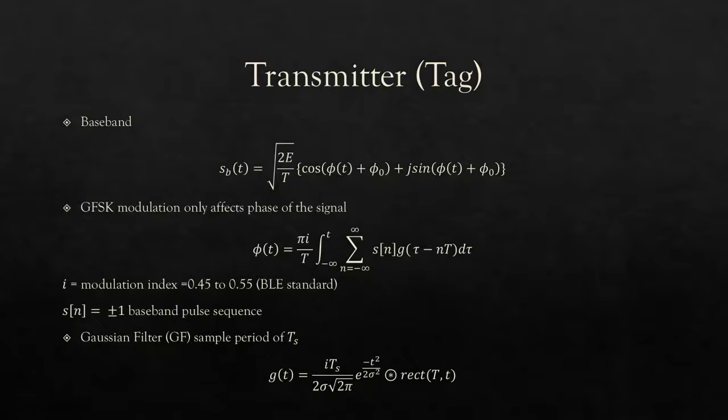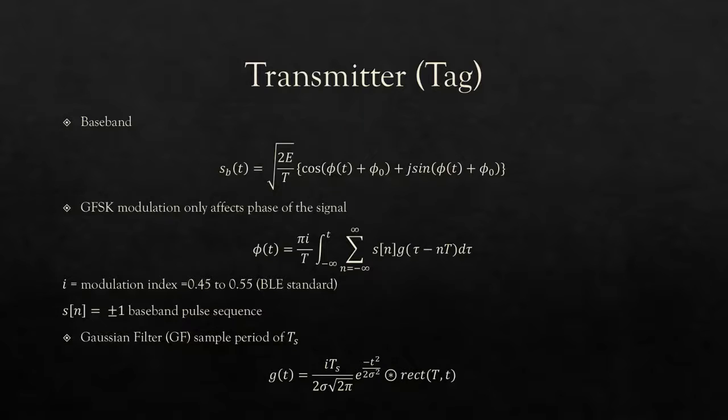So for the baseband, here is the formula of the baseband. And we use Gaussian frequency shift key modulation. It will only affect the phase of the signal. So as you can see from E and T, we can take it as a constant. And I is the modulation index, which is a value around 0.45 to 0.55 in the BLE standard.